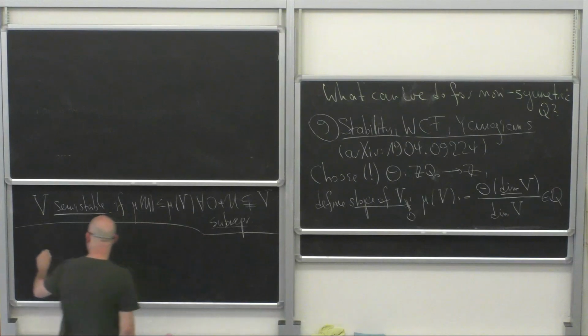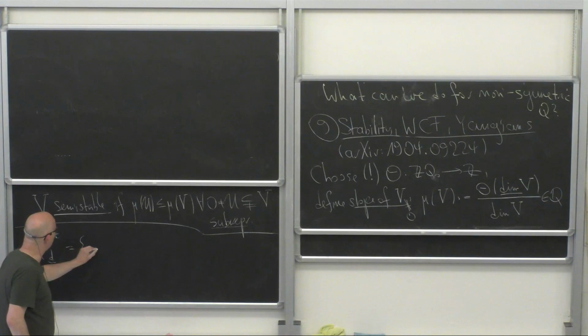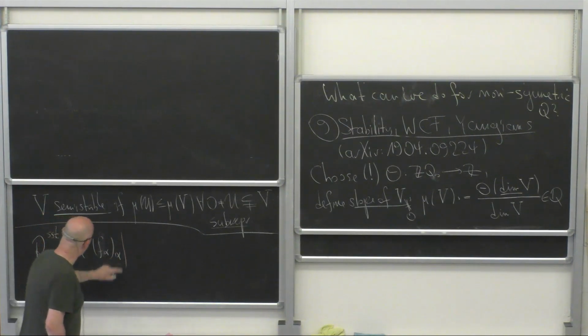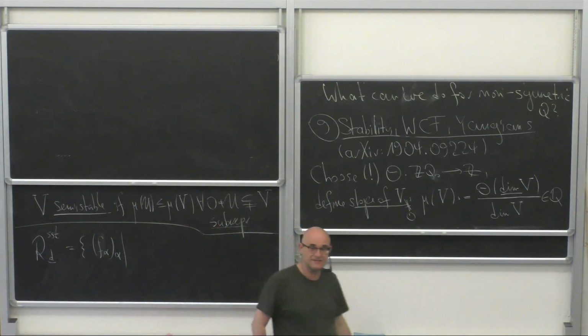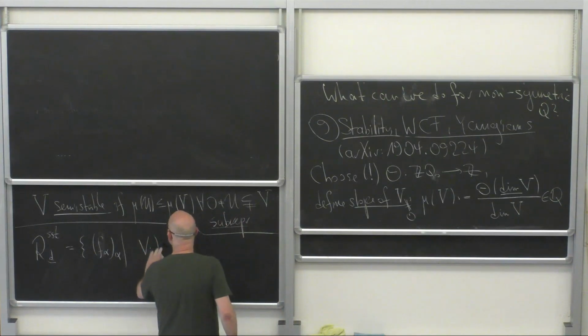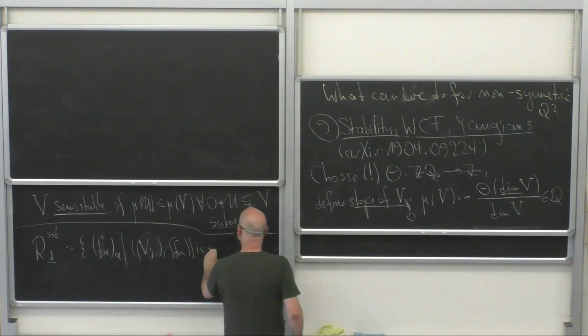So let me now define what is the semi-stable part of the parameter space Rd. Rd, again, is our universal parameter space for all representations of dimension vector D. What is the semi-stable part? This is defined as the set of all these tuples of matrices F alpha, such that the representation on the vector spaces Vi, together with these F alpha, as a representation is semi-stable.